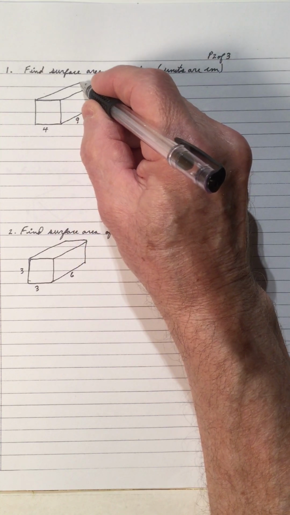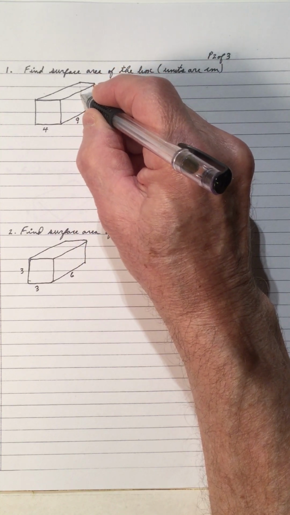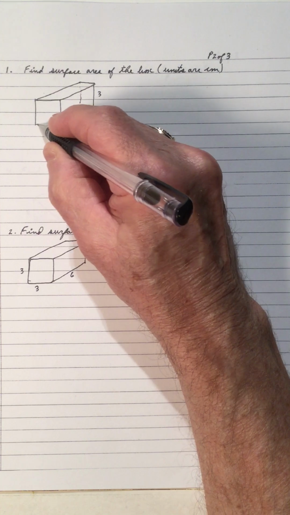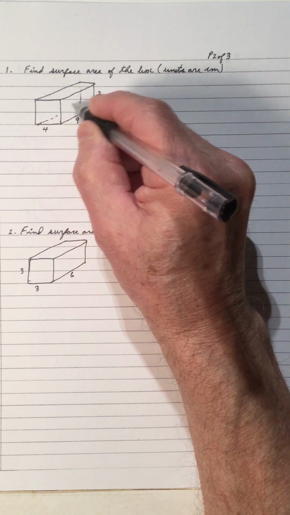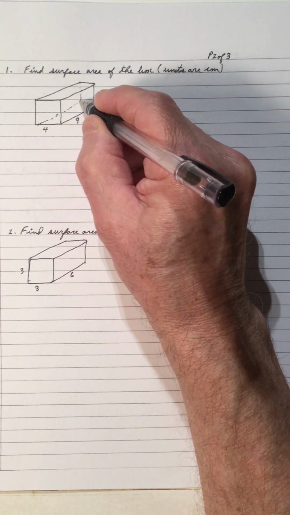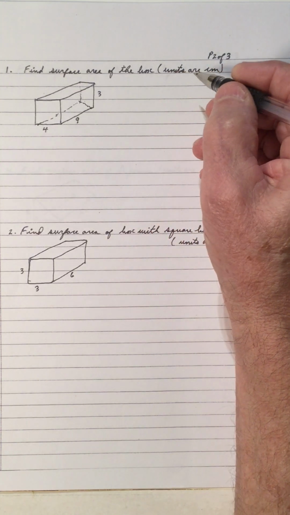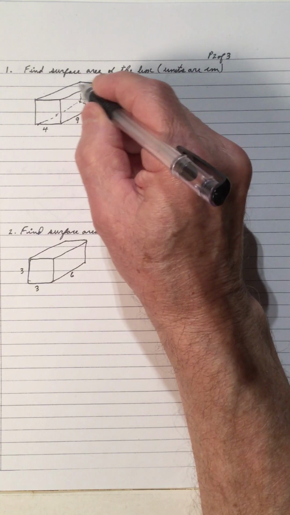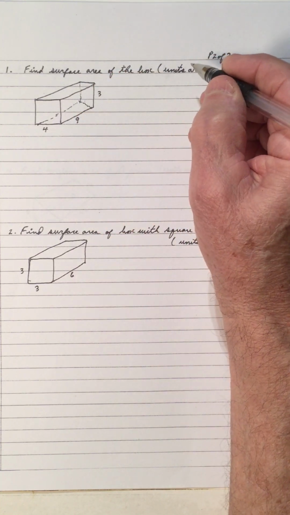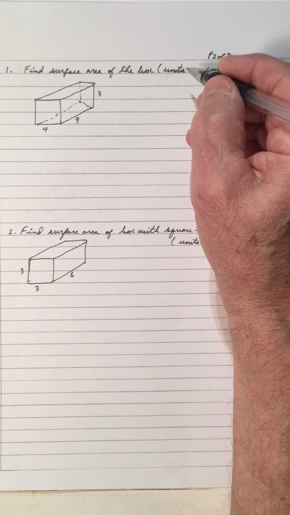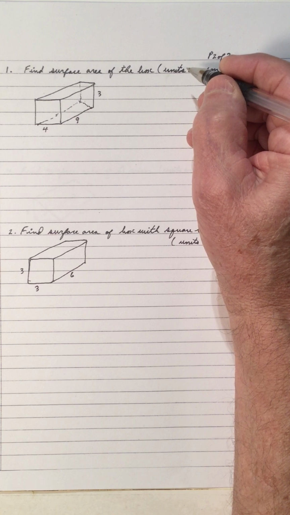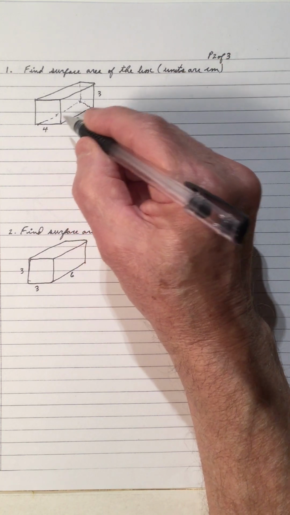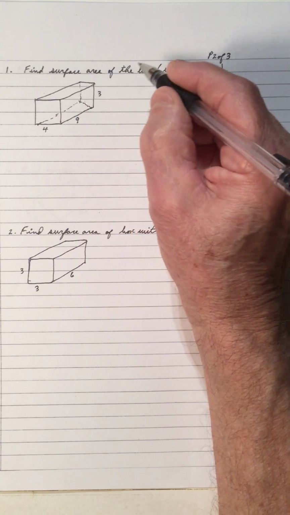So to draw the extras in on the lines that you can't see, just to give you a different perspective, there's the box, by putting these dotted lines in on the edges that you can't see. So the surface area is the area of all the faces. What we have is a 4 on this end, 9, and 3 high.